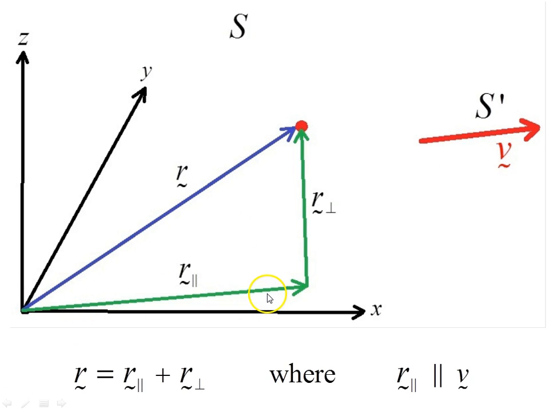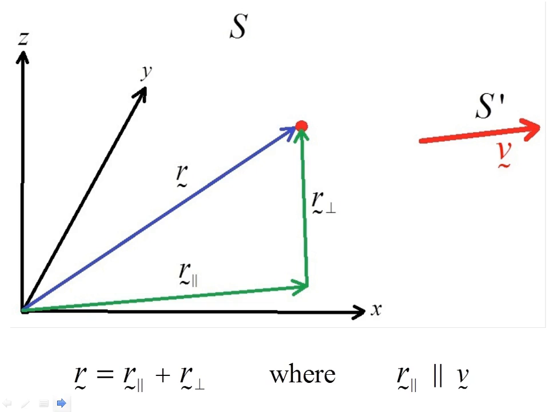And this part, the perpendicular part, is perpendicular to the velocity vector v.